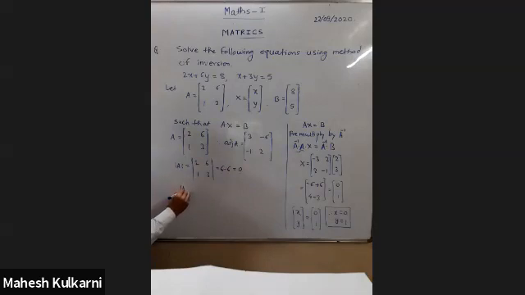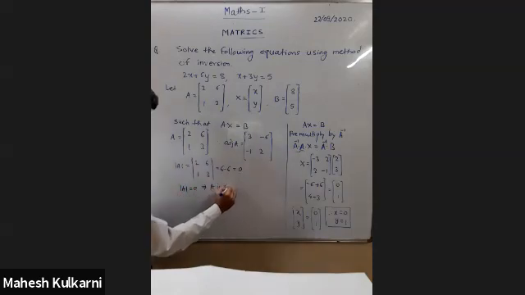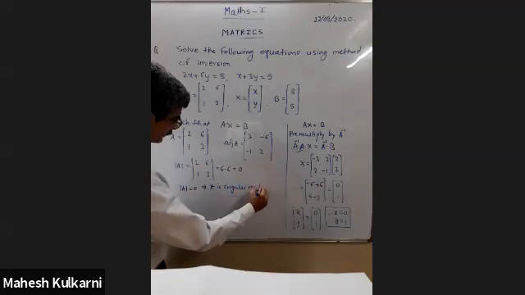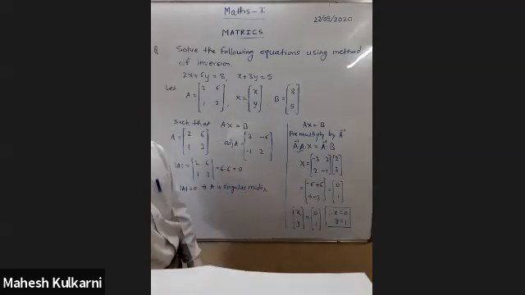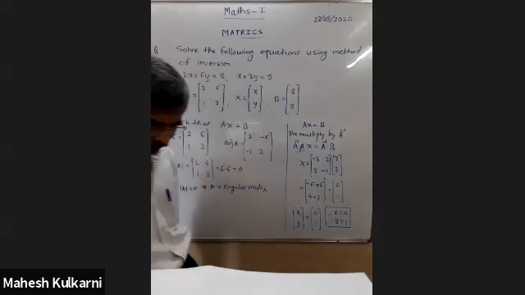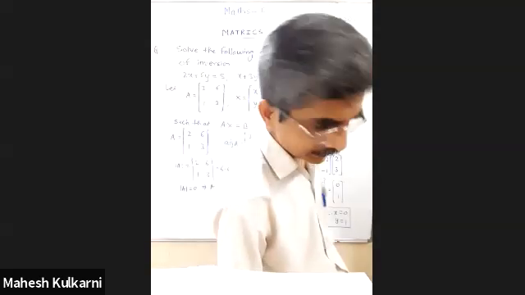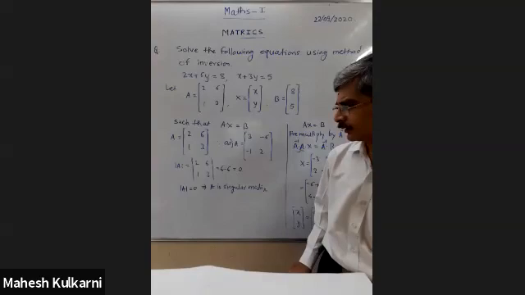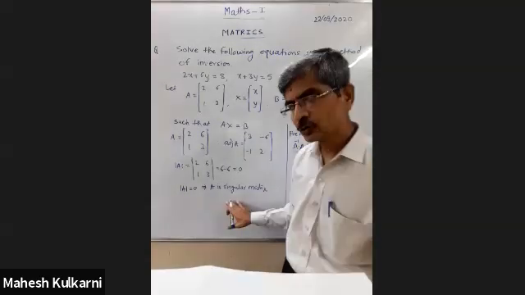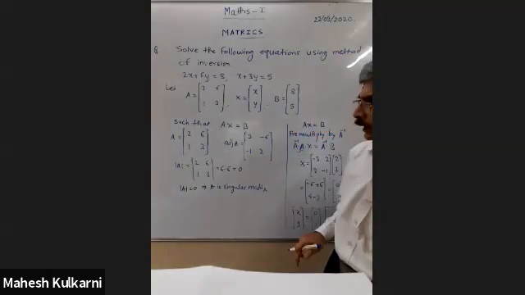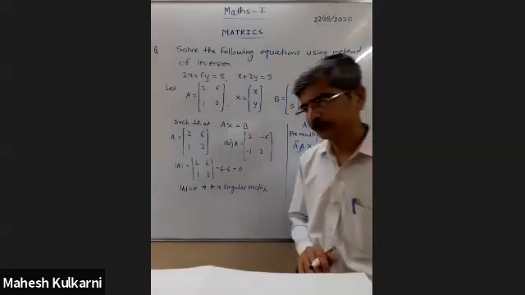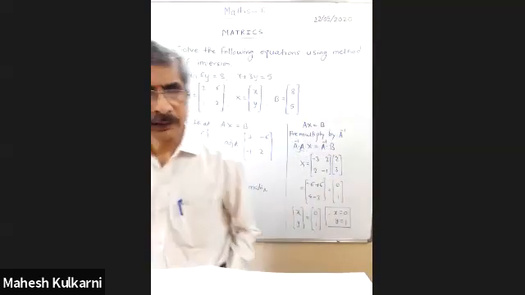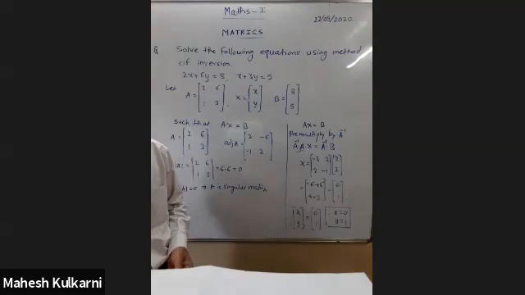What do we come to know from this? The matrix is singular. Now, when you find the inverse, we have already mentioned the condition that the matrix should be non-singular. Here the matrix has become singular. We can't find the inverse of this.